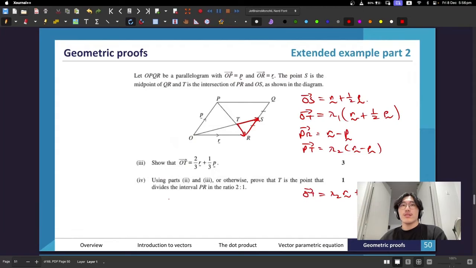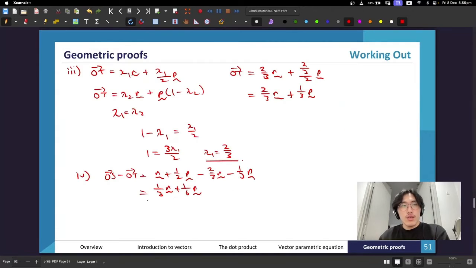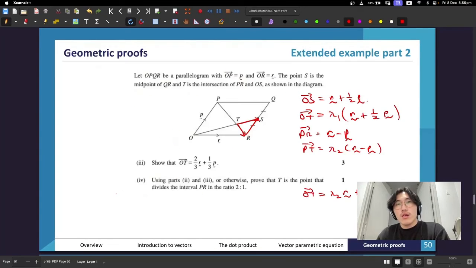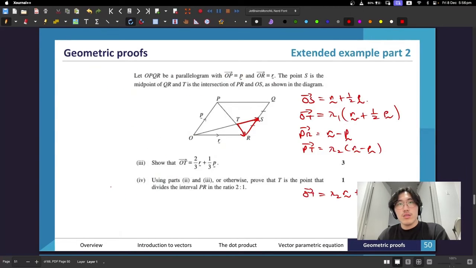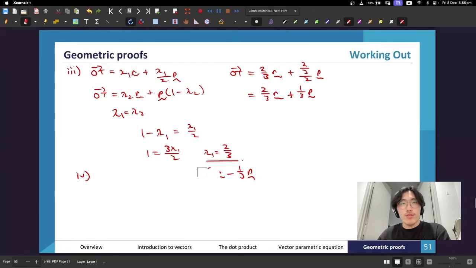So that's TS, and then TR will be, so this is TS. Actually, sorry, this should be the other way around. My apologies. So OT minus OS.